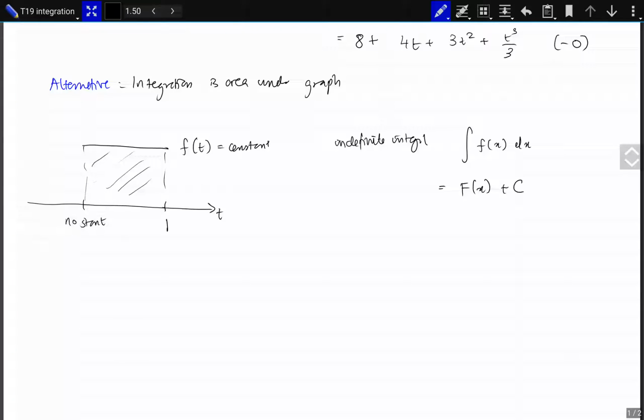Perhaps you can think of the end as the final value of x, but you don't have a start. So there are two types of integrals. The above one, indefinite, and the alternative is definite.